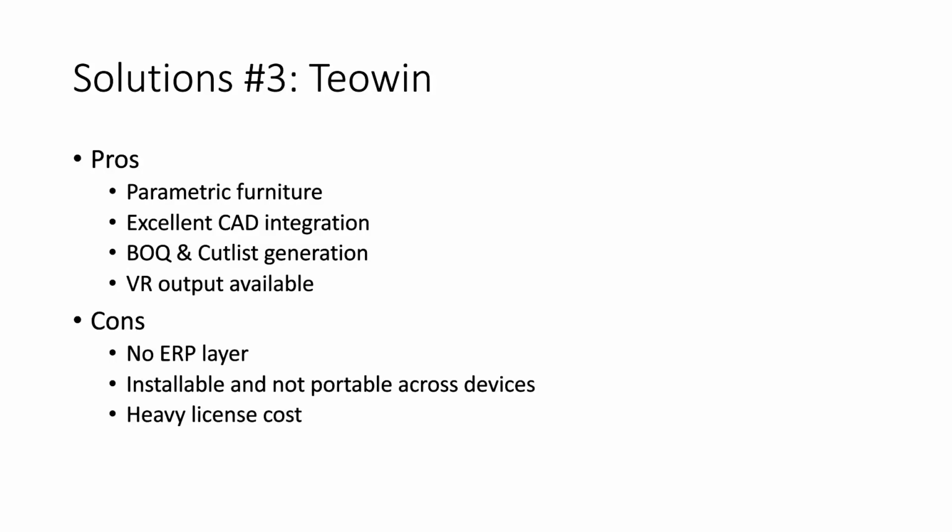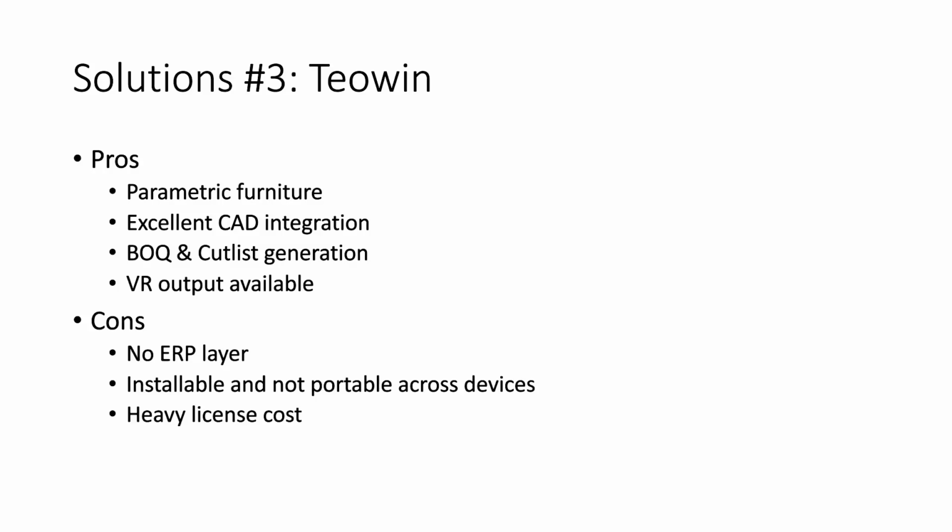And thirdly, it's a much lesser known software. However, it does have some significant tools. TOWin is the name of the software. What are the advantages? It does parametric furnitures, it has excellent CAD integration, and it does bill of quantities and cut list generation. It even offers VR outputs, which is something different, and makes TOWin stand out from the first two solutions that we have seen so far. Again, the disadvantages are there is no ERP layer, and it is not installable or portable across devices.